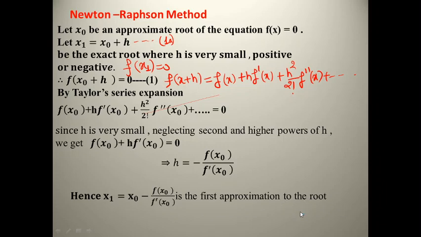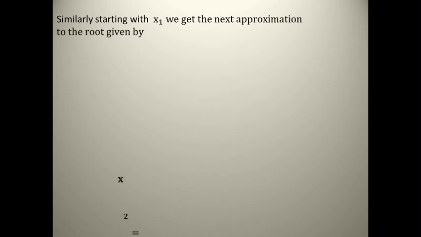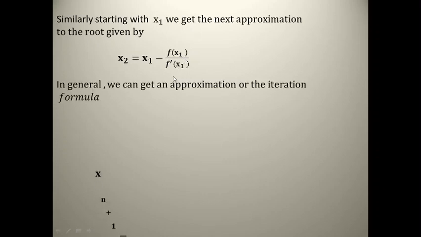Now here we will find f of x1. If it is 0, then the value is obtained. Otherwise we will start with x1 and get the next approximation to the root, which is given by x2 is equal to x1 minus f of x1 upon f dash of x1. Like this we repeat the process.